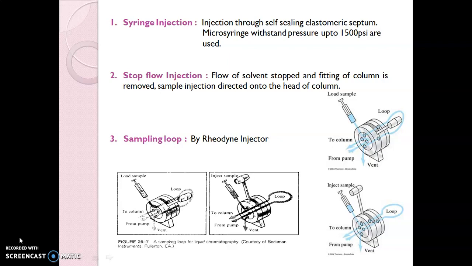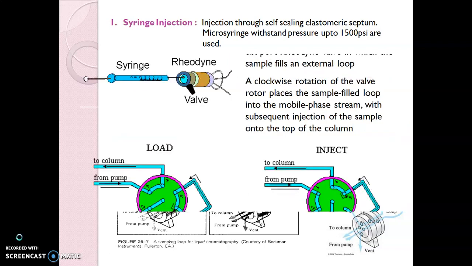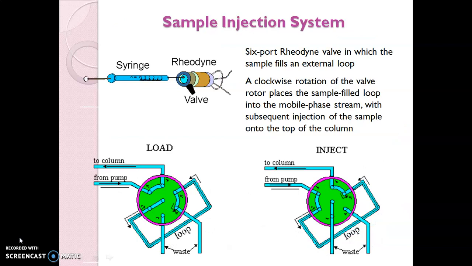Third is the sampling loop, where we are using the rheodyne injector. Nowadays, with all the modern HPLC, we are using the rheodyne injector. Here is the diagram we are seeing. Here the load position you are seeing in the diagram, and the inject position. In the load position, we load our sample into the system, and in the inject position we inject our sample into the system.